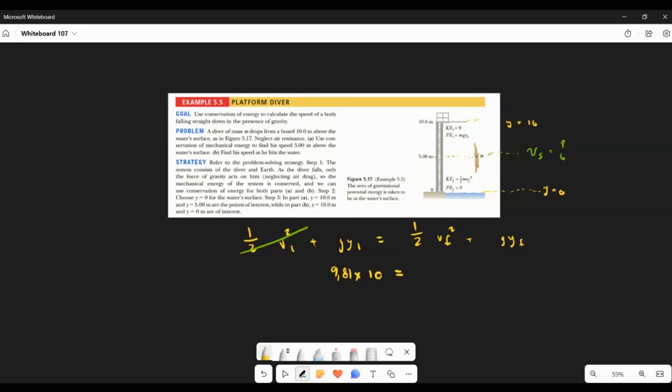At 5 meters, does he possess kinetic energy and does he possess potential energy at the 5 meter mark? You guys get the question?